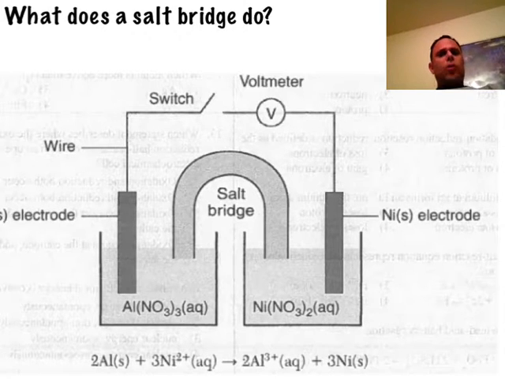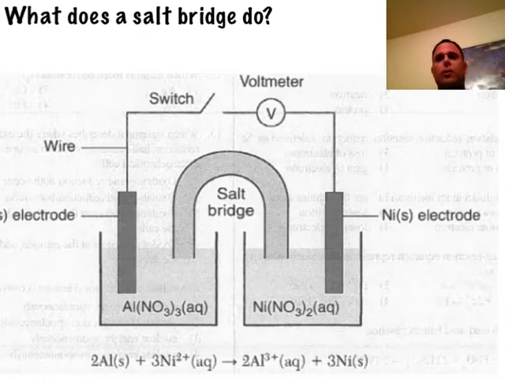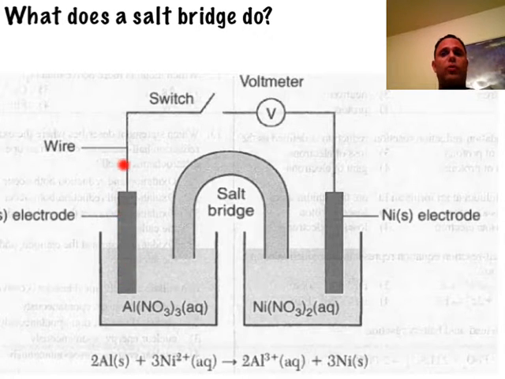So why is the salt bridge so important? On the previous slide, I was suggesting to you very strongly that the electrons would flow through the wire to this side here. And you have to consider, if all the electrons are leaving the left half cell, eventually it's going to run out of negative charges and stop.